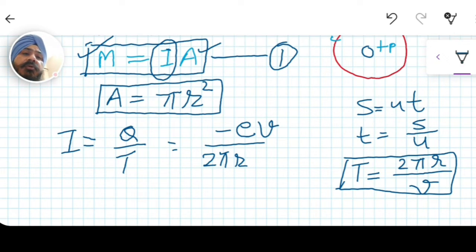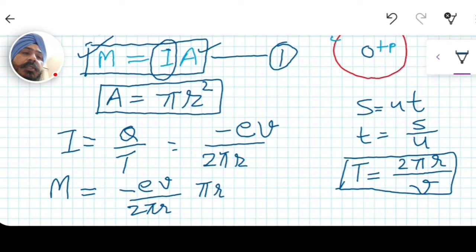So putting the value in equation number 1, we will get m equal to minus ev upon 2 pi r. This is the value of the current, and the area is pi r square. So now one r goes off, pi goes off, and we are left with minus evr upon 2.